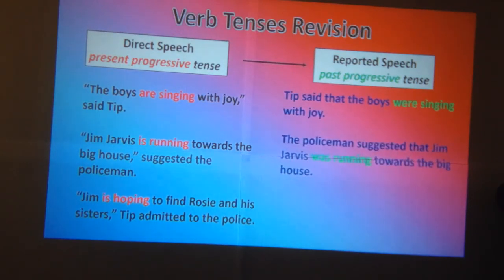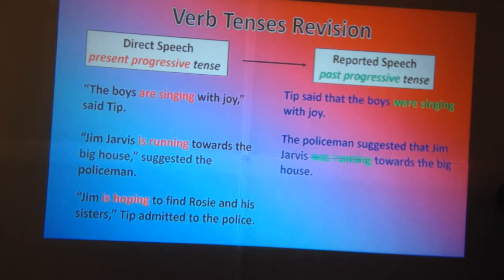Okay, "Jim Jarvis is running towards the big house," suggested the policeman. Okay, in reported speech, that would be the policeman suggested that Jim Jarvis was running towards the big house. Notice the use of the word "was" when we're putting it into the past progressive.